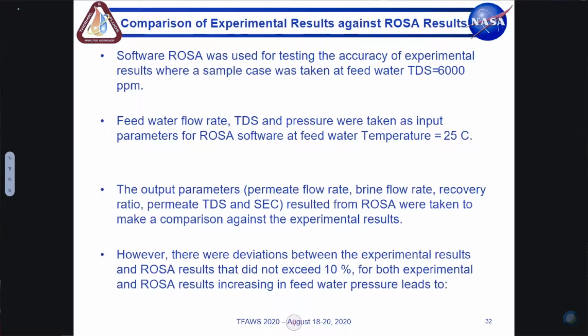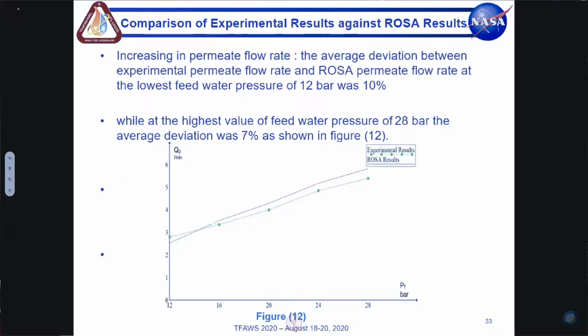The feed water flow rate, total dissolved solids, and pressure were taken as input parameters for ROSA software at feed water temperature about 25 centigrade. The output parameters will be the permeate flow rate, brine flow rate, recovery ratio, permeate total dissolved solids, and the specific energy consumption.